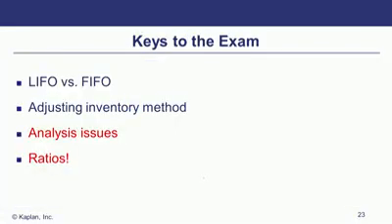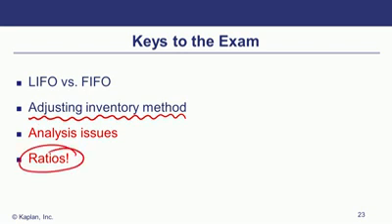Okay, so the key to the exam, I think, of all the things here, I would be aware of how to adjust a set of accounts from LIFO into FIFO. I think that's going to be your biggest one. Also, of course, always taking it back to the ratio analysis. How does LIFO versus FIFO actually affect the ratios that we compute?